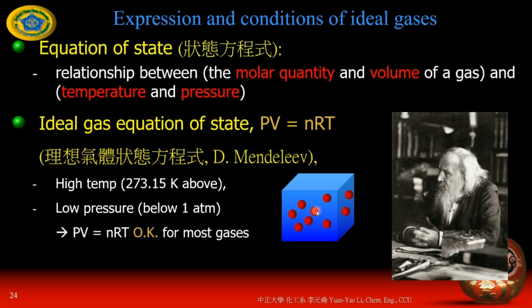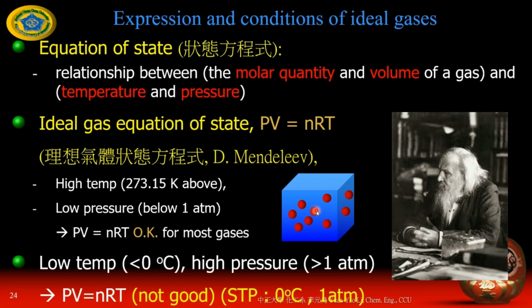So if I give you a number, you had better think: can you use this condition to regard it as an ideal gas condition or not? High temperature and low pressure. Let me write this down for you.